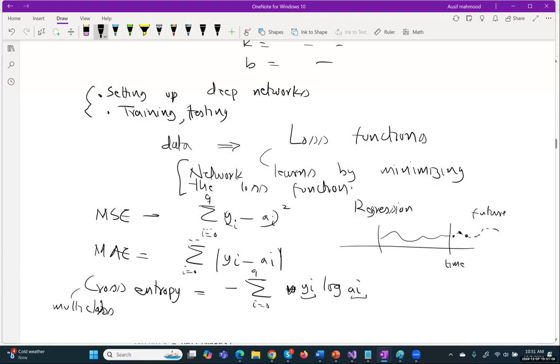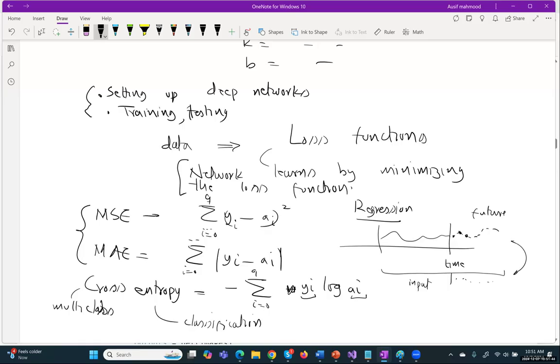So when we are training the network, we will also give this part as the input, we will have it predict some outputs, and then we'll compare these two to see are they close. If not, we'll go back and adjust the weights. So for regression type of problems, the mean squared error and mean absolute error typically work better. For classification problems, cross entropy works better, okay?